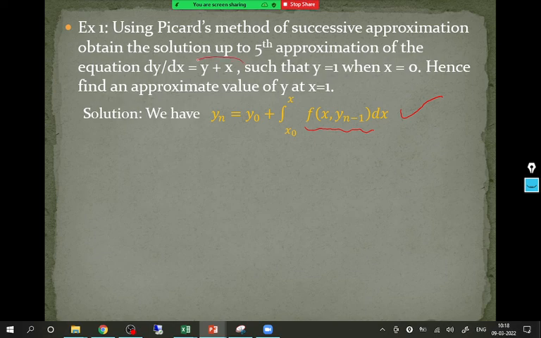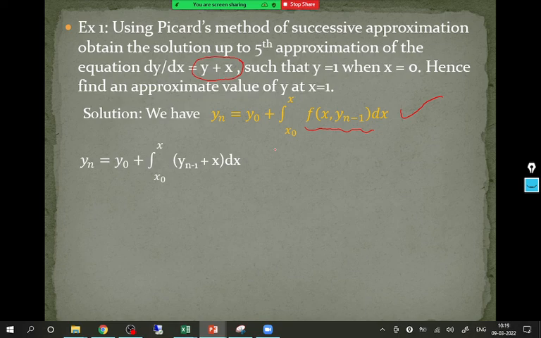This is f of x, y, and f of x, y is y plus x. What should be f of x comma yn minus 1? Yn minus 1 plus x. Correct. So next step, we just replace the value of f of x, yn minus 1. It is yn minus 1 plus x.